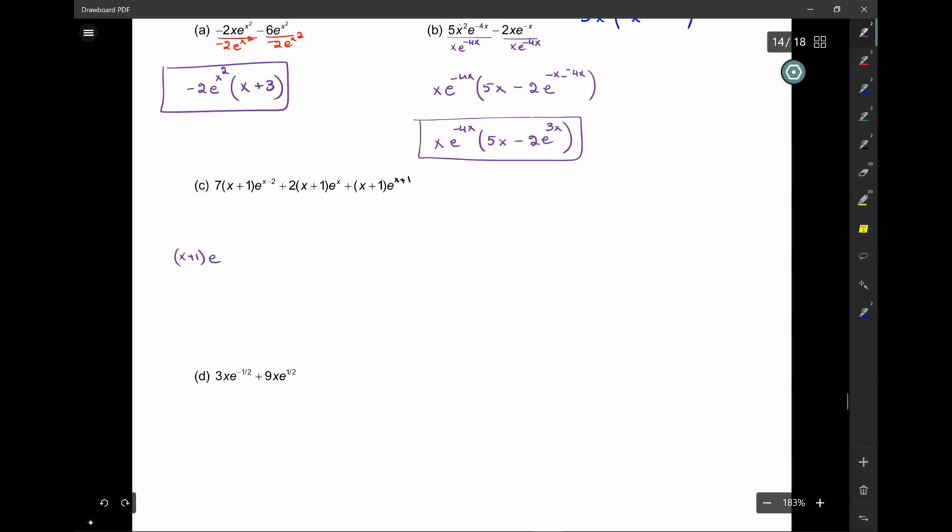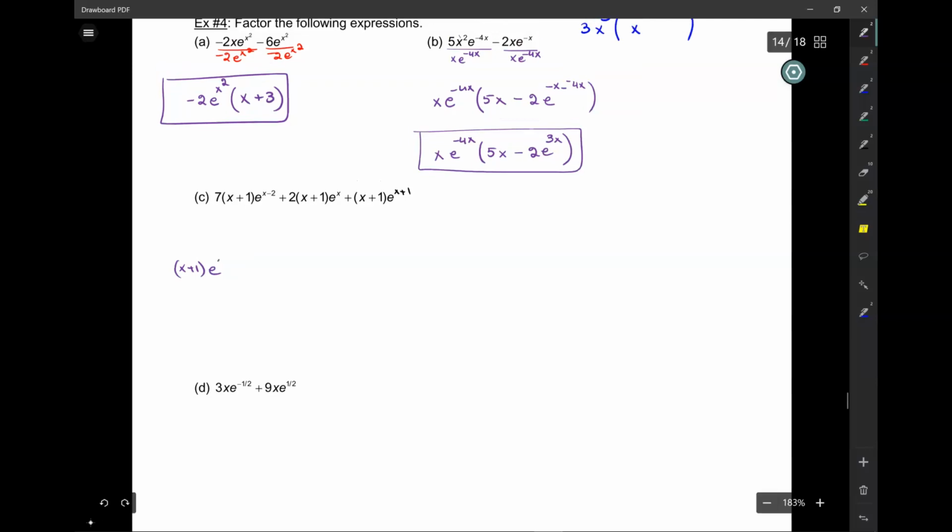E to the what? E to the x minus 2. That's the smaller one, right? Between x minus 2, x and x plus 1, x minus 2 is the smallest. So I factor out e to the x minus 2. From the first term, what do I have left? 7.